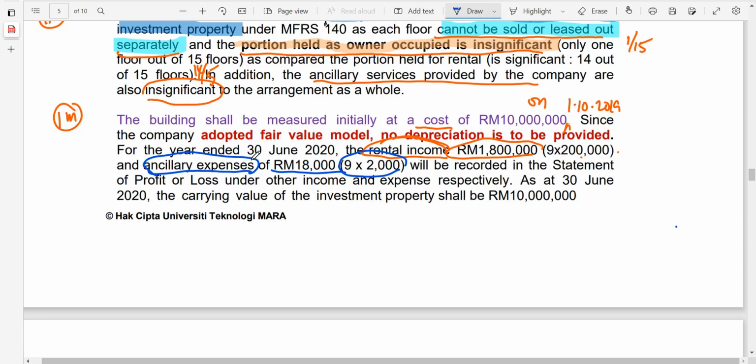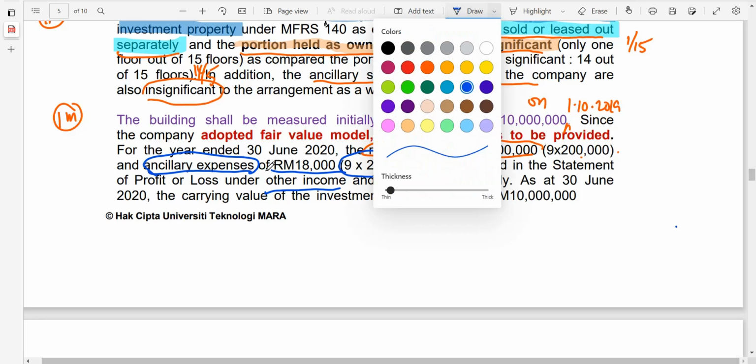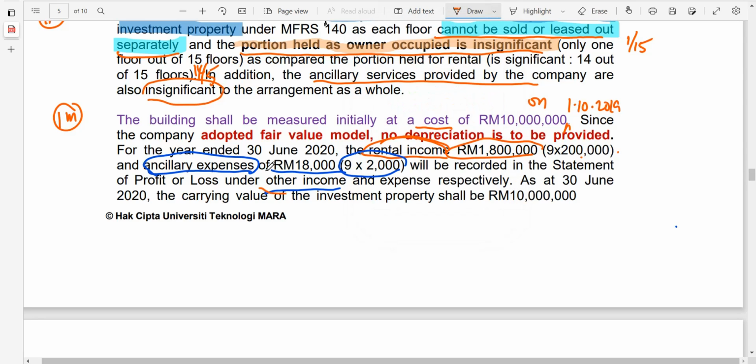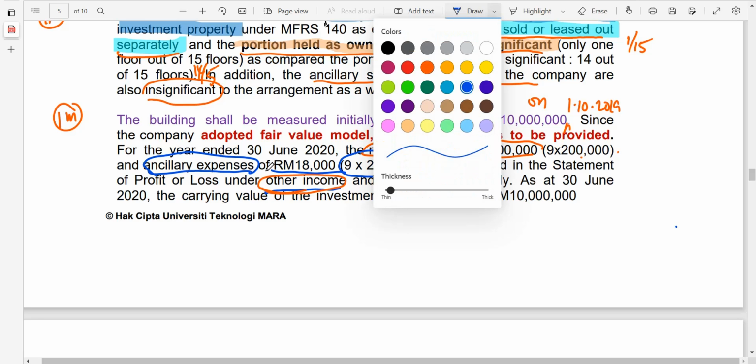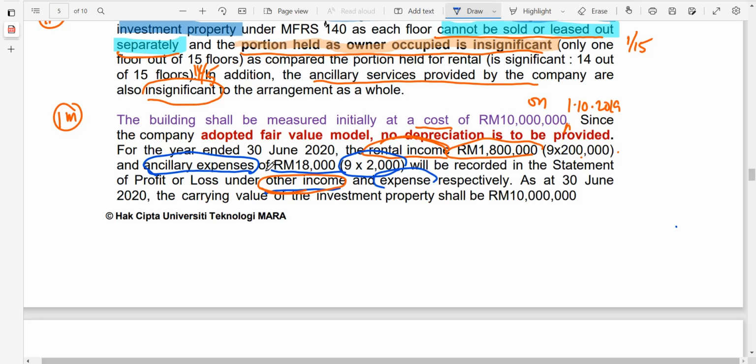Because you provide ancillary service, maybe security and maintenance, that will be recorded as an expense. Rental income is an other income, whereas the ancillary service will be treated as an expense or admin expense respectively.